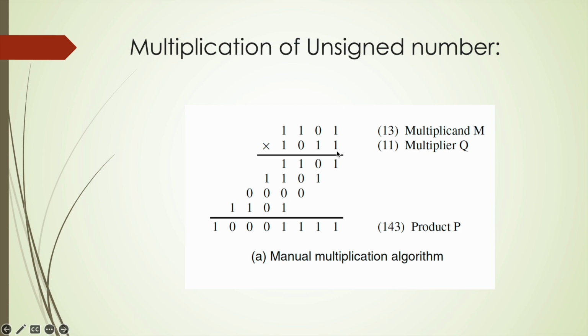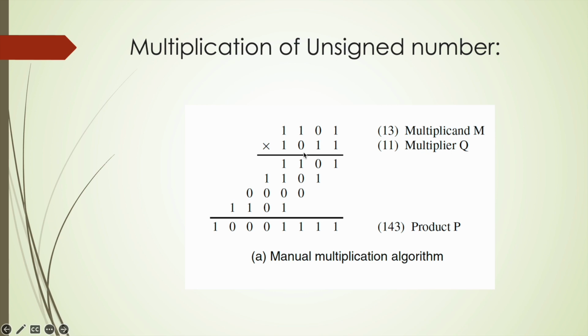So in this example we have 1101 in the multiplier position. The first bit is 1, so we simply add the multiplicand value to the partial product. The second bit is again 1, so we add the multiplicand in a shifted position. We move the partial product towards the left side and add this to the first product.